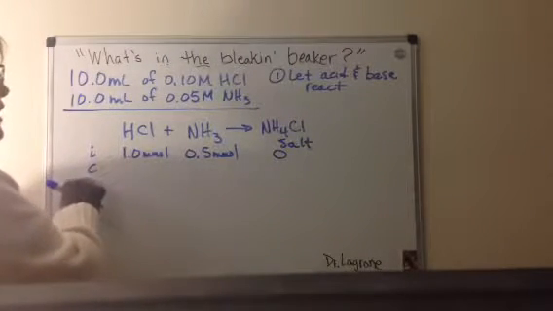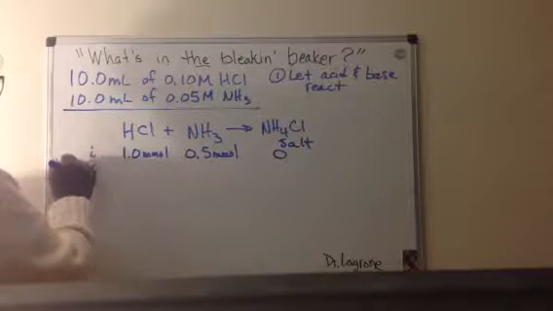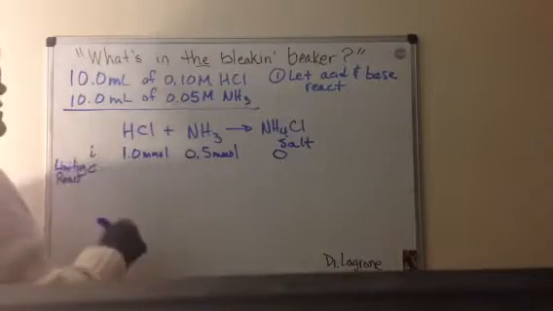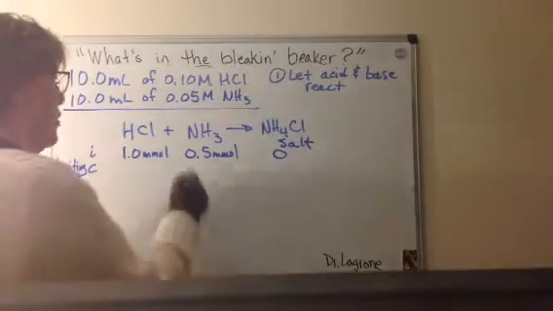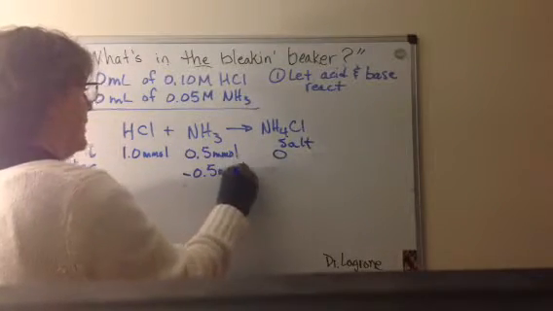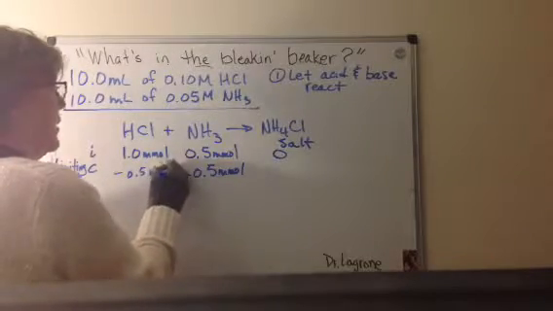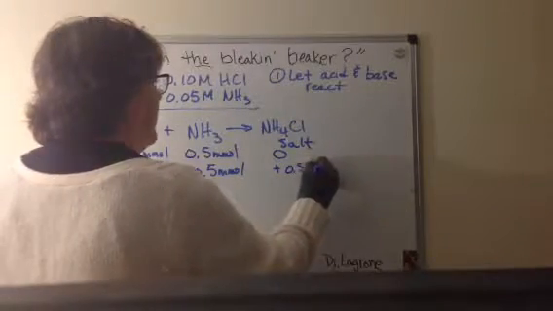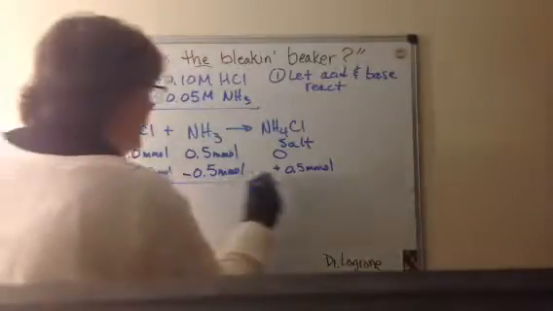Initial, what changes? Well, I need to find the limiting reactant. So the limiting reactant, since everything is in a 1-to-1 mole ratio, is going to be the amount that's smaller. So the ammonia is going to react, and I'm going to form 0.5 millimoles of my salt.